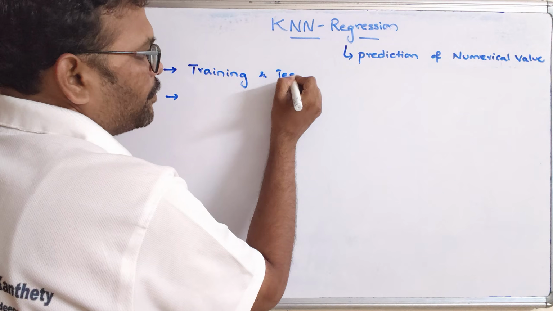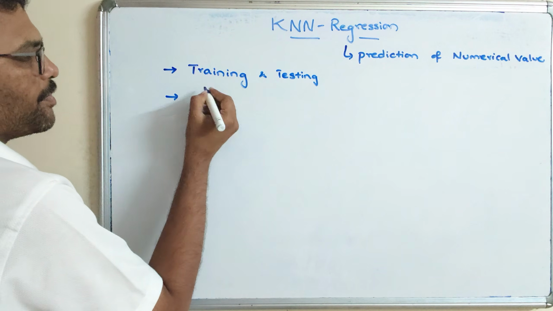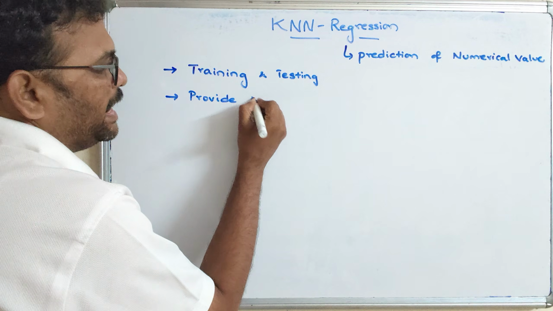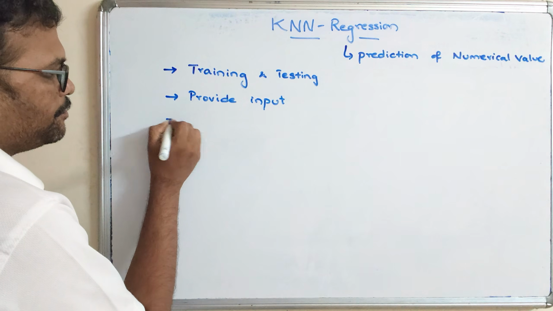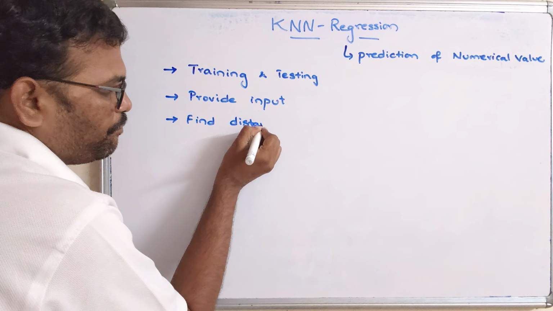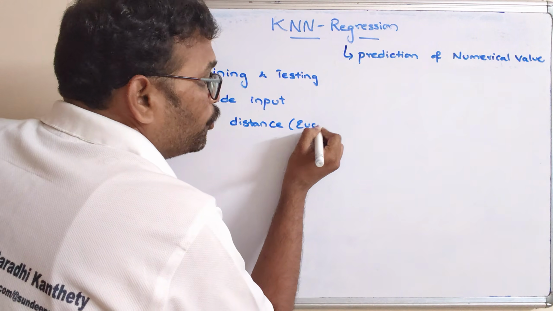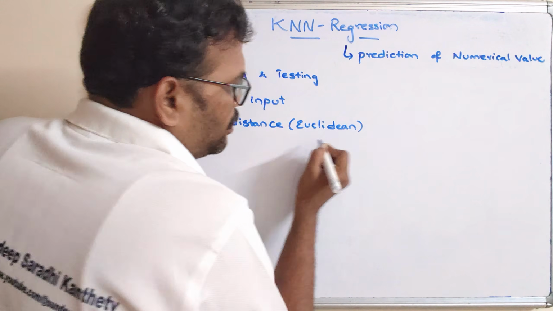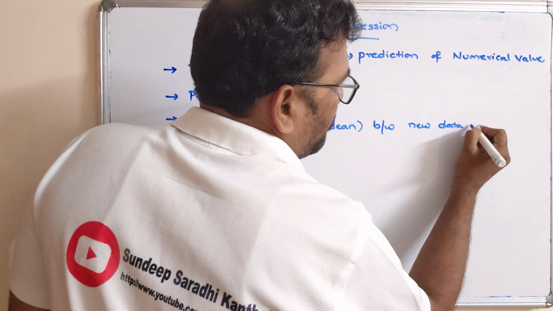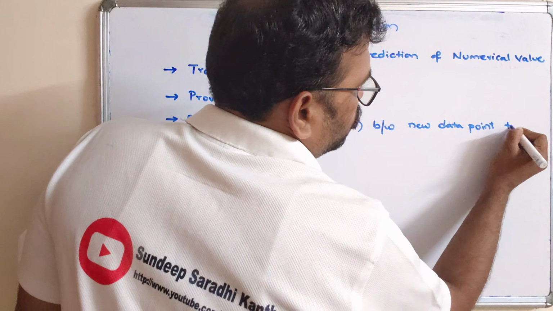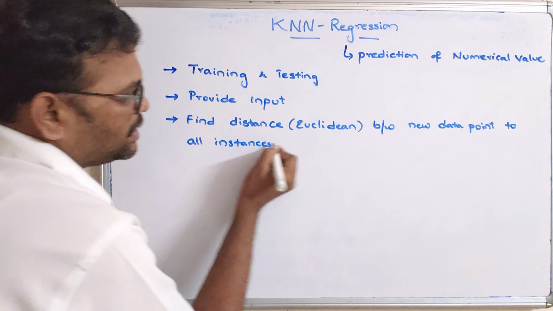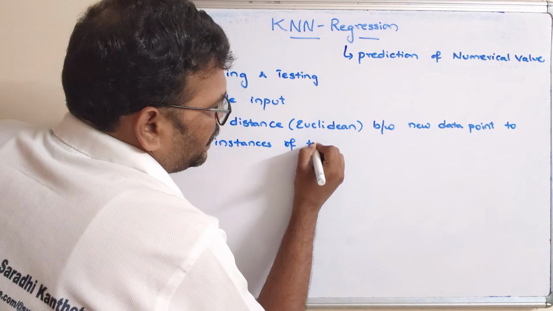After completion of this, provide any input and find the distance, usually the Euclidean distance, between the new data point and all instances of the training data.